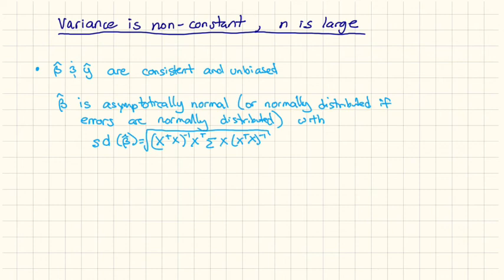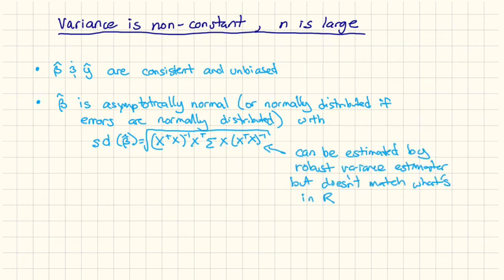So that's really troubling. That means the stuff that R puts out isn't going to give you the right standard error. And it's not going to use the right standard error to calculate those t tests. However, the good news is we can estimate this if we have a large enough sample size.